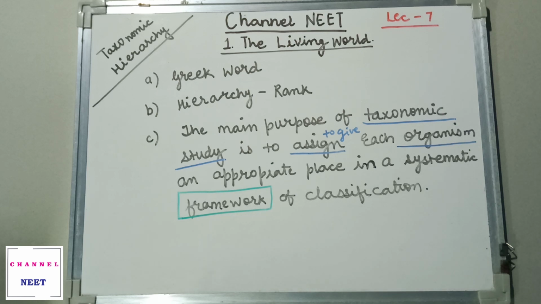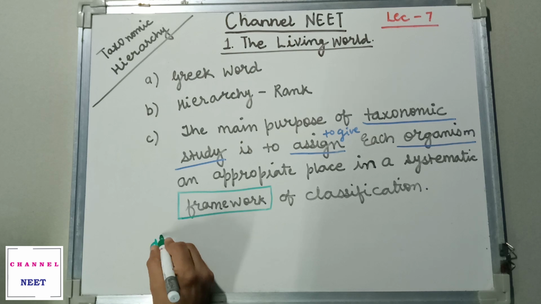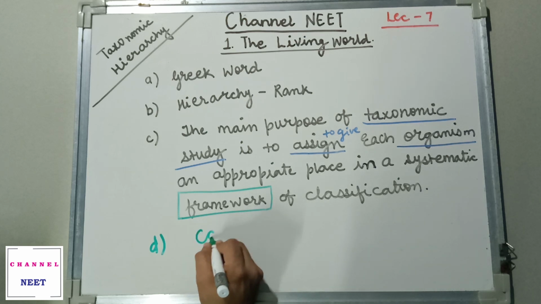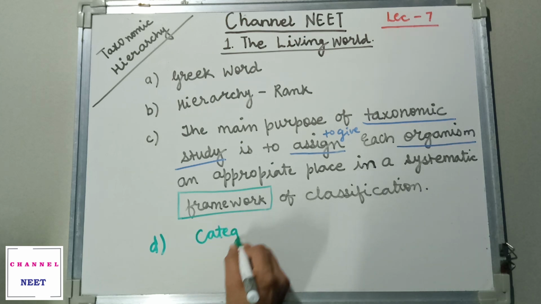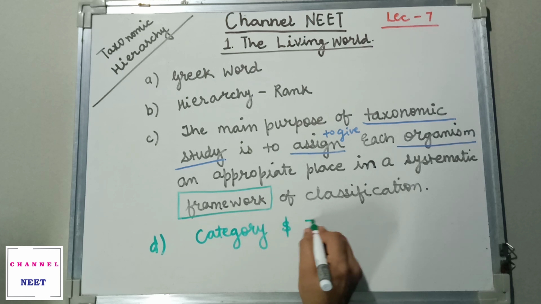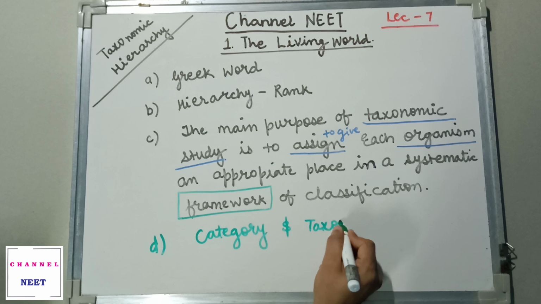The fourth important word which I want to introduce to you is that in taxonomic hierarchy there are two important words that you should understand. The first is category and the other word is taxon.